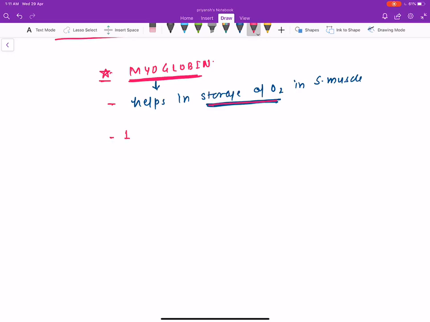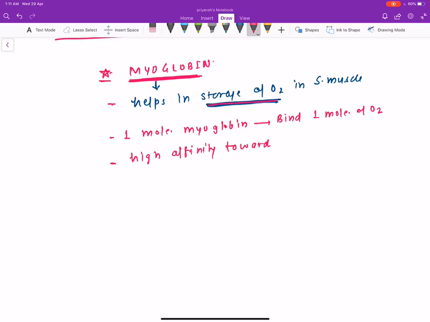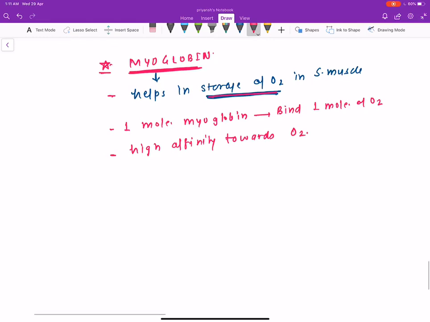One molecule of myoglobin binds with one molecule of oxygen. Myoglobin has a very high affinity towards oxygen. What does that mean?